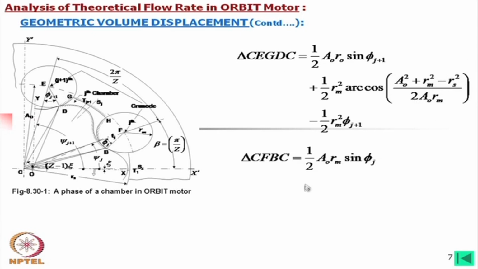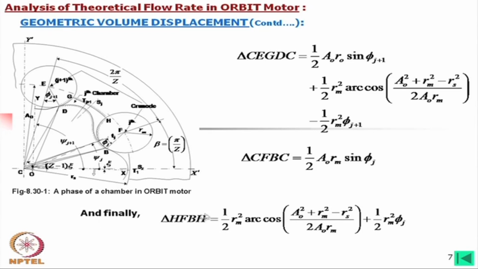Now, next we will consider C, F, B, C. This is simply half into A0 Rm by sin phi j. These angles are called leaning angles, which can be calculated for rotation of this shaft, which I have discussed in the last lecture.